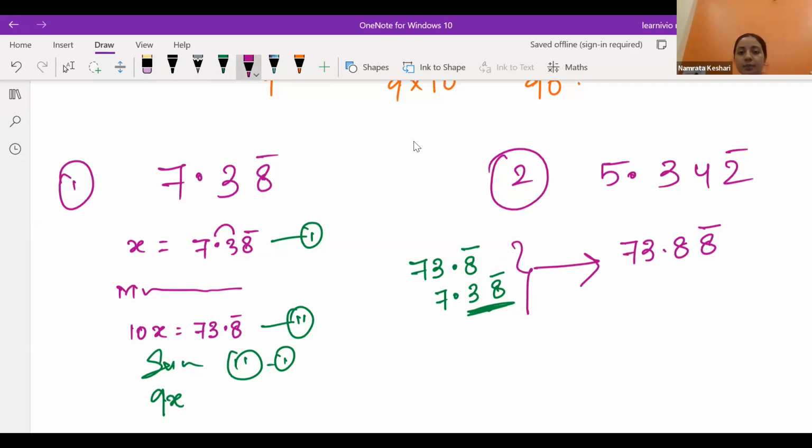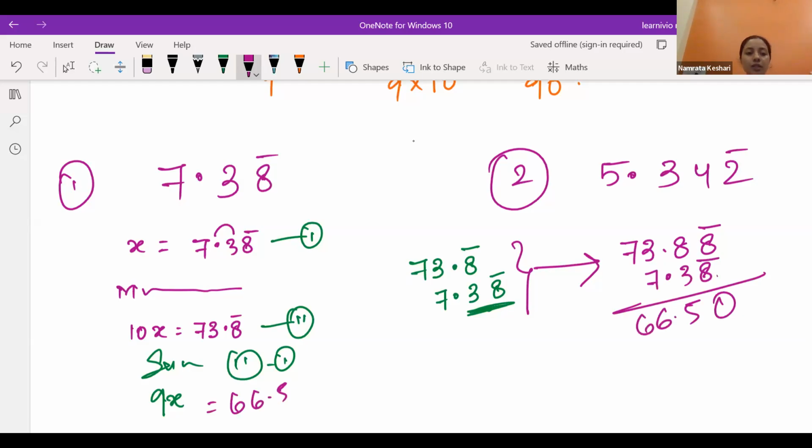Bar below bar, the moment we write it, it is clear that we have to do the subtraction, and the answer will be, just a second. Yeah, bar 8 bar 8 bar 0, 8 minus 3 is 5, 13 minus 7 is 6, and here we are getting 66.5, right?